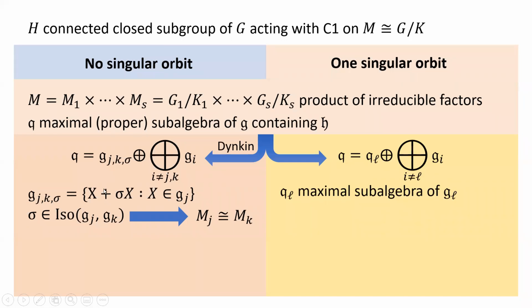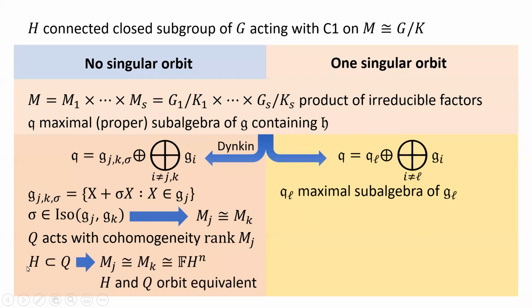Now you consider this diagonal Lie subalgebra, which is canonically isomorphic to Gj and to Gk. Good. This case turns out to be relatively easy. Q, the connected group with this maximal Lie subalgebra, turns out to act hyperpolarly, for those who know what that means. And importantly, with cohomogeneity the rank of Mj or of Mk.